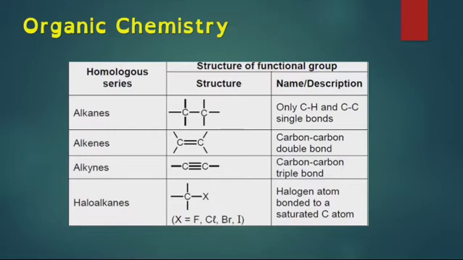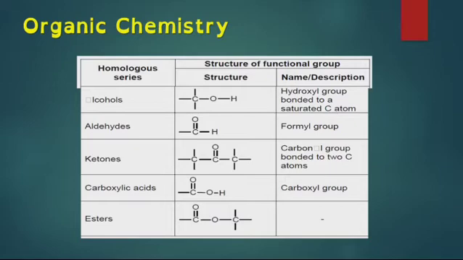Then our next group of homologous series, we start having oxygens added to it. Now, guys, I apologize for the funny block, but like I say, this is exactly the way it looks in your exam guidelines. So the first homologous series we're dealing with is an alcohol. So we have that OH group that is bonded to a saturated carbon.